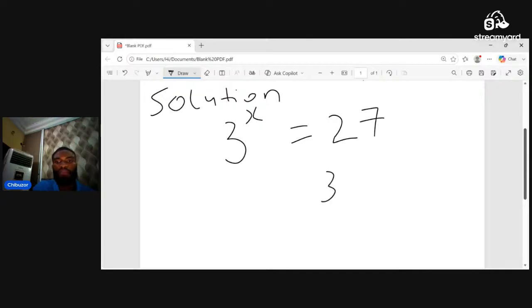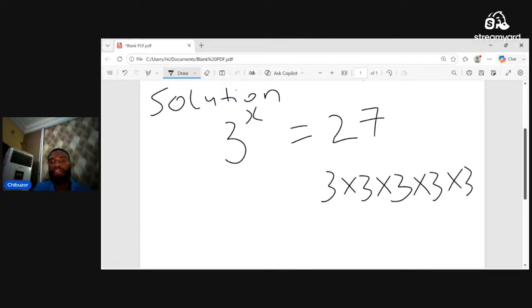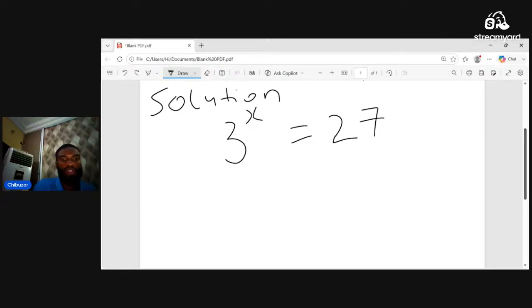So 3 times 3 times 3 is 27. So you say 3 raised to power x is equal to 3 raised to power 3.